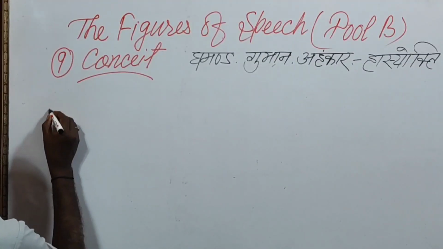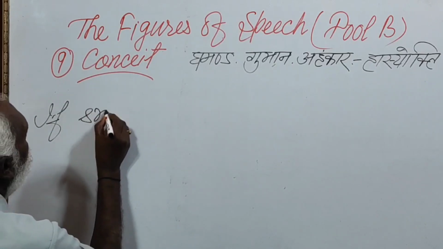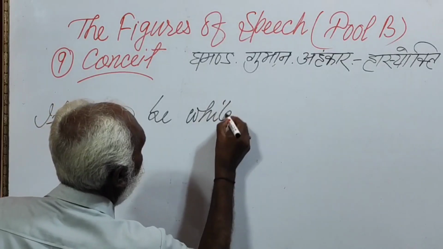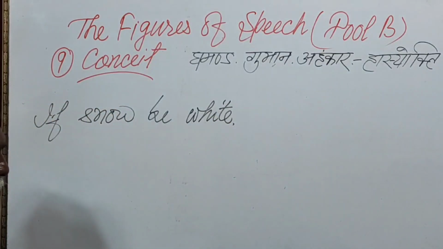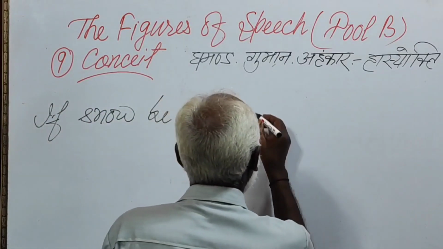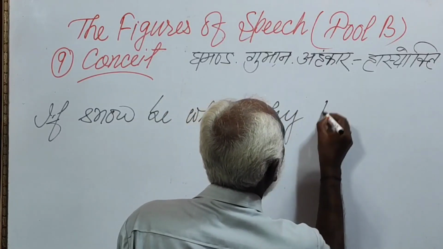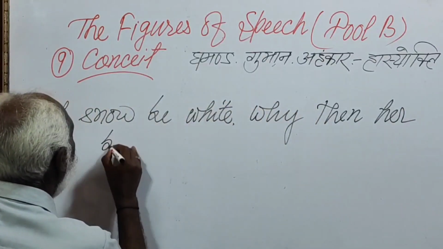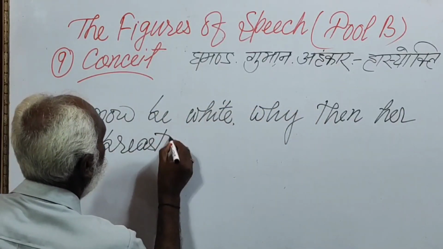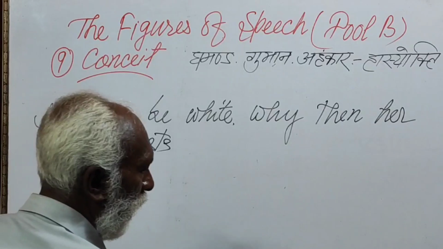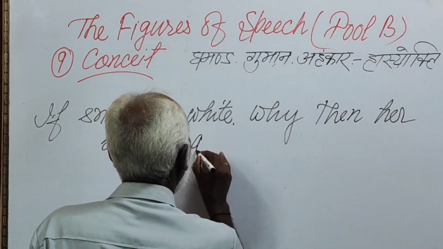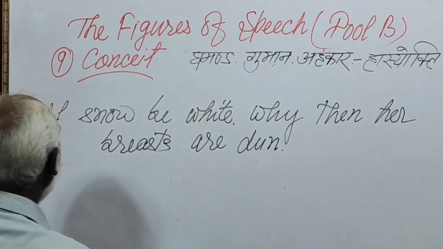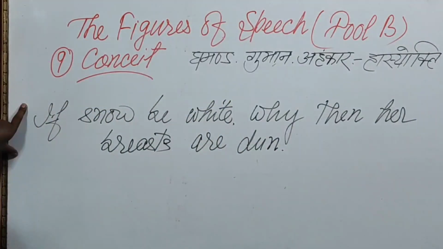If snow be white, अगर snow सफेद है तो, why then her breasts are dim. Here it is a question, a line quoted from Shakespeare.